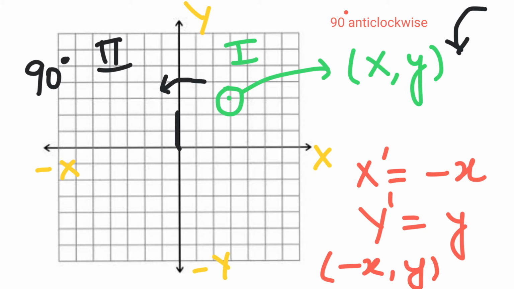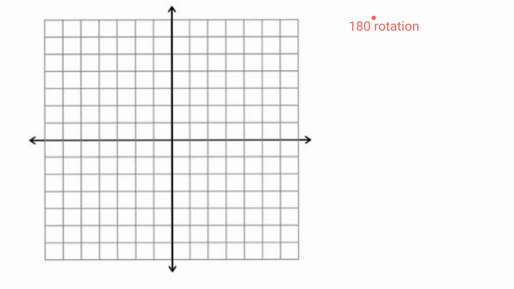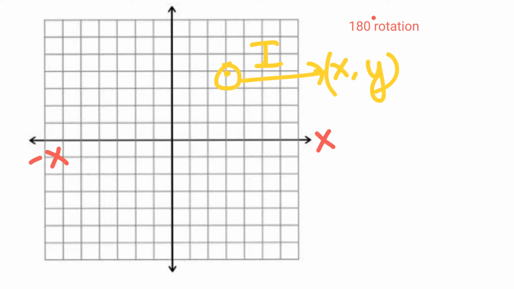Now what if we have to do a 180-degree rotation? See, if the point, as we said earlier, is somewhere here in the first quadrant and we mark it as x comma y, let's start with marking the axes. So this is x, minus x, y and minus y. Now if the point is in the first quadrant and we do a 180-degree rotation, you will notice that there is no clockwise or anti-clockwise mentioned here.